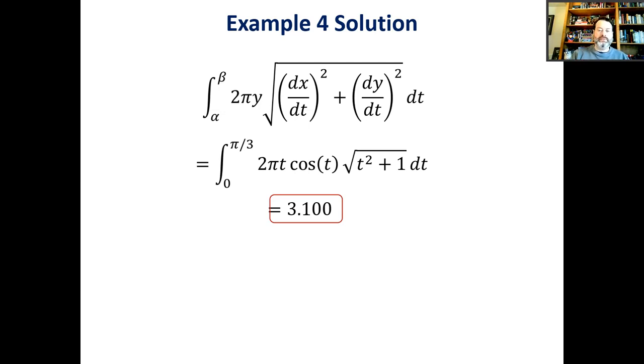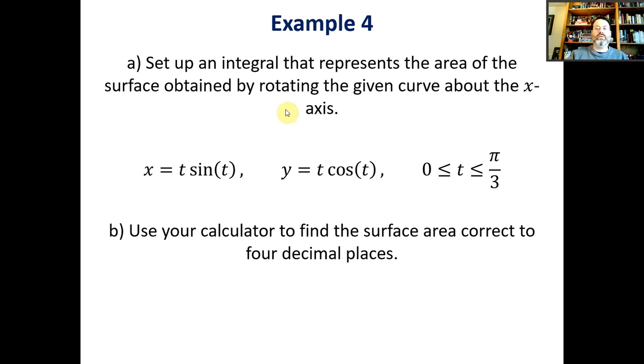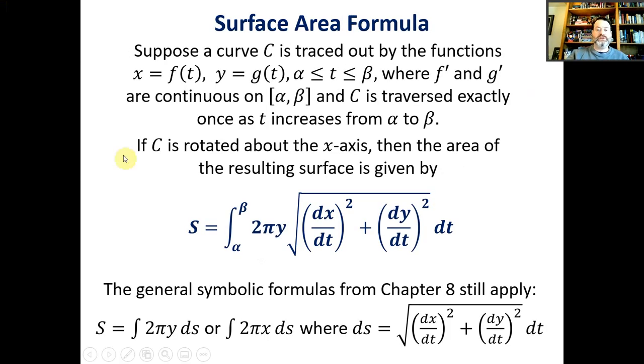And one other thing too that I want to point out. When we go back here, we're rotating around the x-axis. So just like in chapter 8, that tells us when we build the function, the formula, that this is going to be a y. If we go around the y-axis, everything else is the same, but this becomes x.